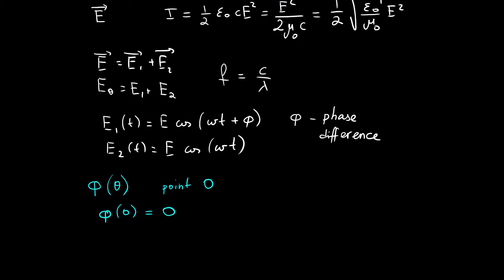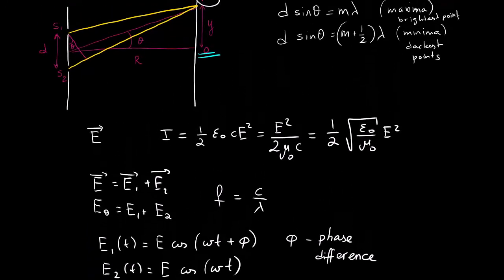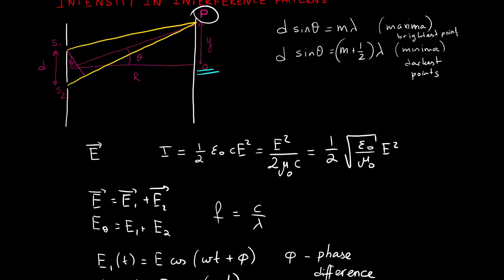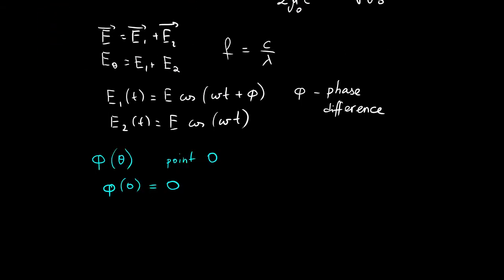But if the difference in path length from our point P to S1, let's call this one R1 and this one R2, the difference of these two, R2 minus R1, equals half a wavelength, which equals d sine theta, then the two waves are exactly out of phase, so the phi should equal pi or 180 degrees.